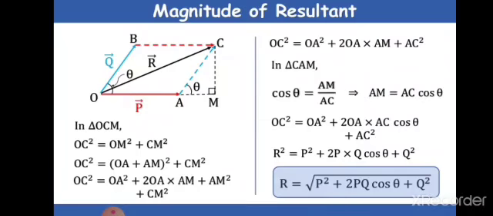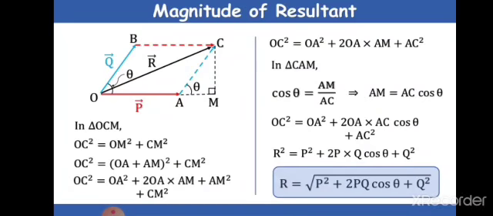Here AM square plus CM square is equal to AC square, from the right angle triangle CAM. In triangle CAM, cos theta is equal to adjacent side by hypotenuse, that is AM divided by AC. Therefore AM is equal to AC cos theta.